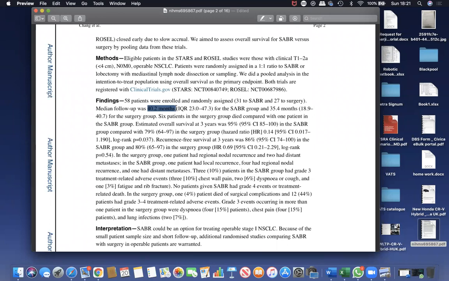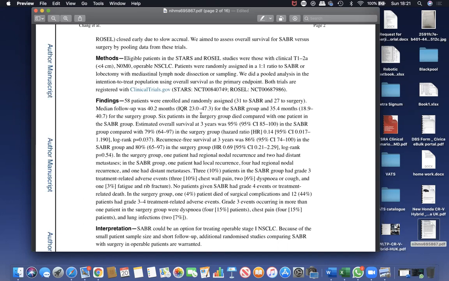So, what do you want to say about that? Sir, first of all, for the overall survival according to Kaplan-Meier, it would have been at least 5 years follow-up in this paper, but they have done only 40 months, sir. And in that also, some patients are having very low follow-up.